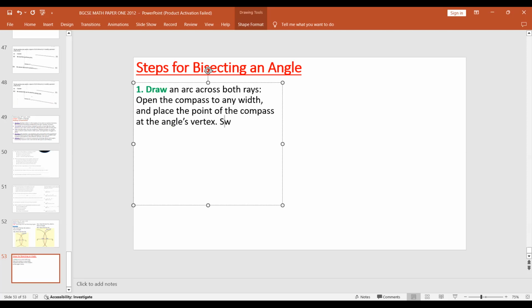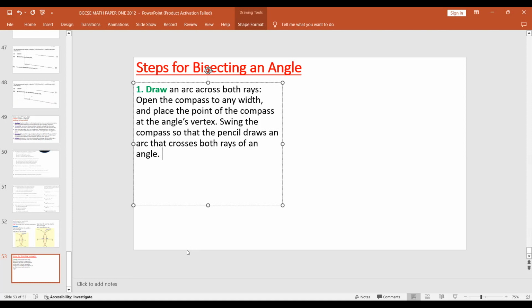Swing the compass so that the pencil draws an arc that crosses both rays of an angle.